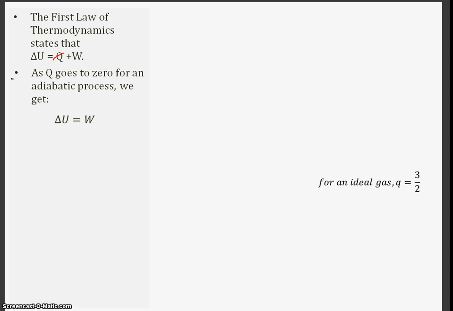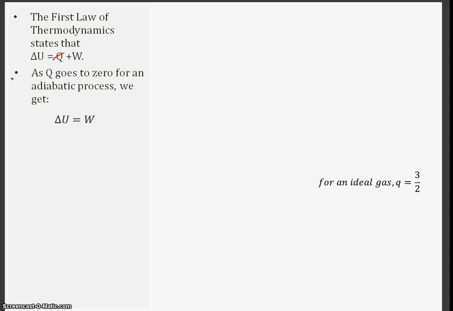And that's important because we can get a very precise relationship between pressure and volume in an adiabatic process. You remember in an isothermal process, where the internal energy is constant, we had the two related by the perfect gas law. Basically, P is inversely proportional to V. So as V goes up, P goes down in a proportional manner.